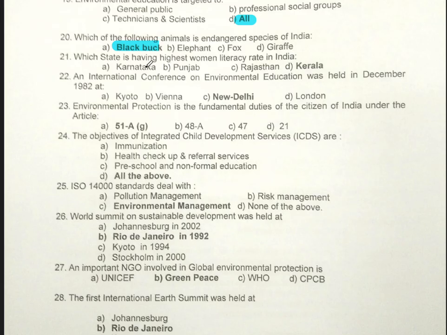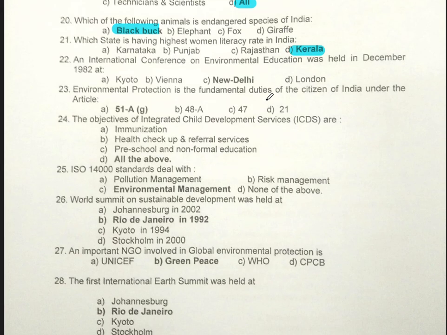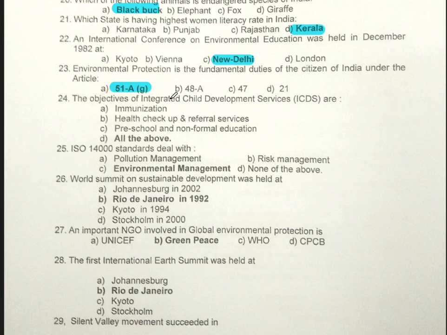Which state has the highest women literacy rate in India? Kerala. An international conference on environmental education was held in December 1982 in New Delhi. Environmental protection is among the fundamental duties of the citizens of India under Article 51A(g). The objectives of the Integrated Child Development Services are immunization, health check-up and referral services, preschool and non-formal education, all of the above.